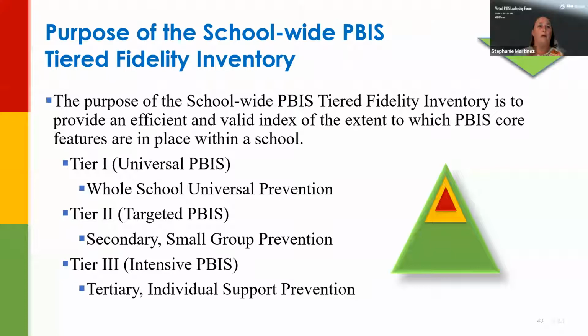The purpose of the evaluation tool is just to see where you are with implementation and how you are doing with fidelity of implementation. The TFI does look across tier 1, tier 2, and tier 3, but it really gives you an idea of how you are doing with implementation.